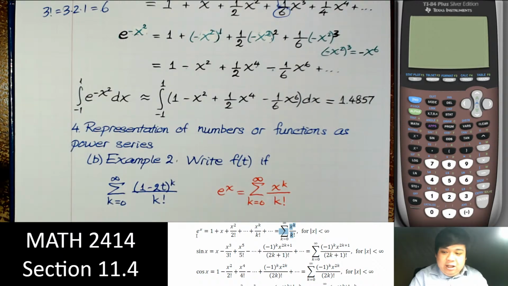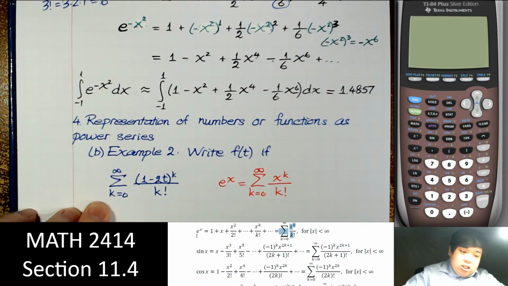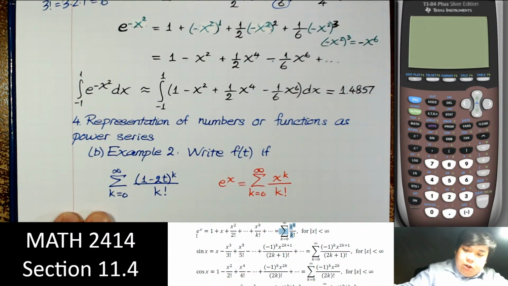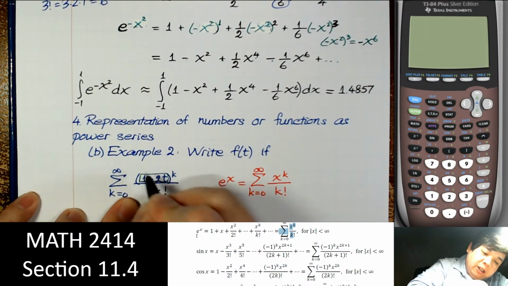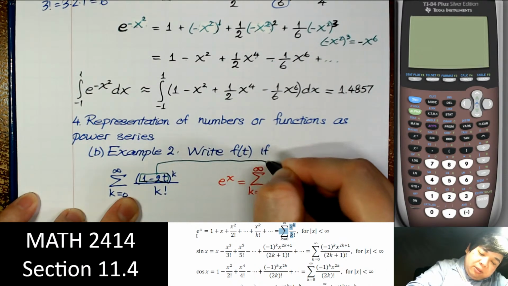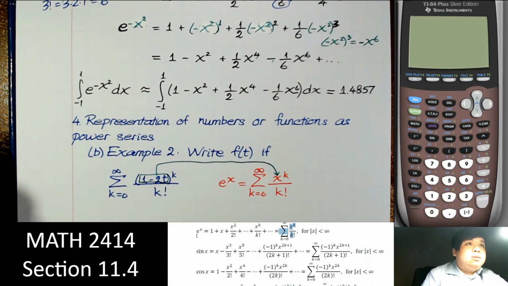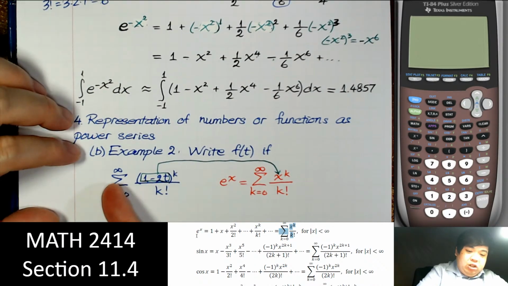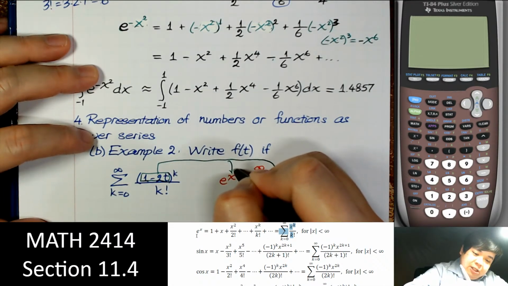So that's what we have, right, for e to the x. Now this function is extremely close to that. So why don't we just take 1 minus 2t and substitute into x, and we just have that series.